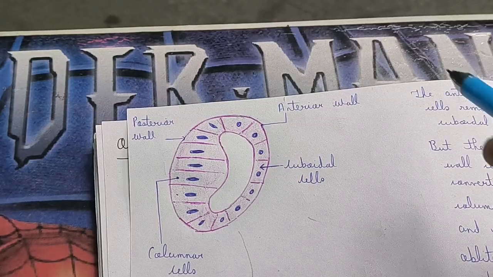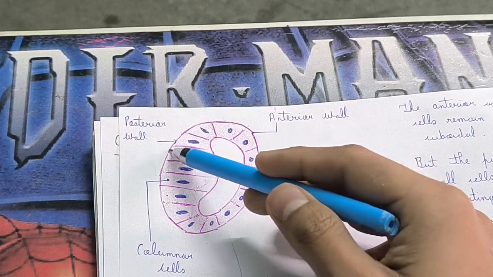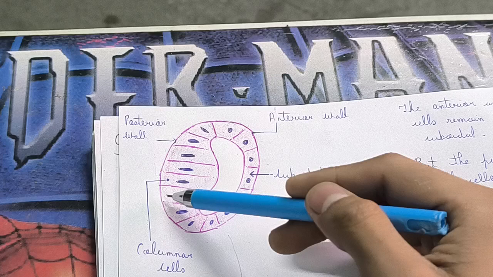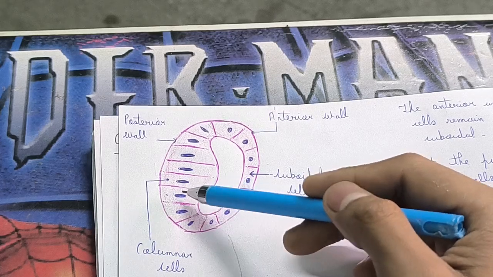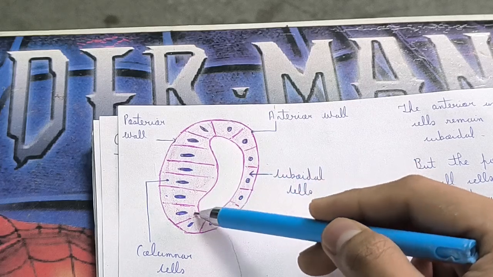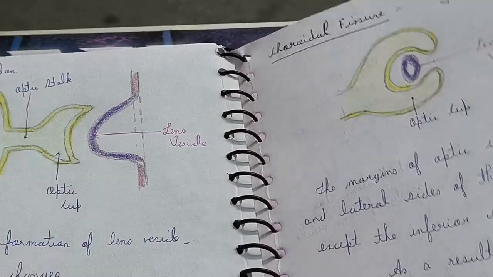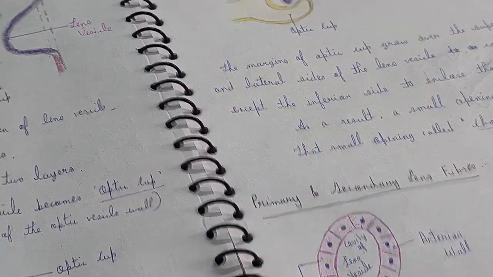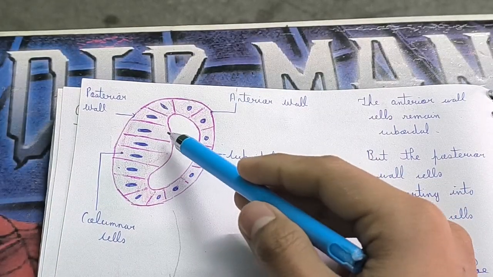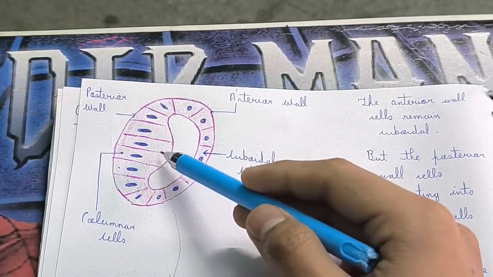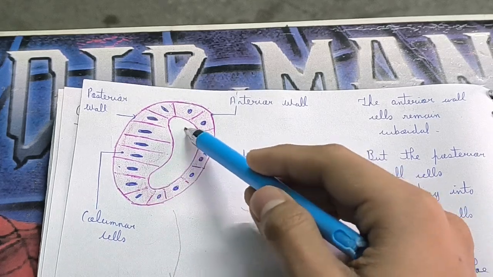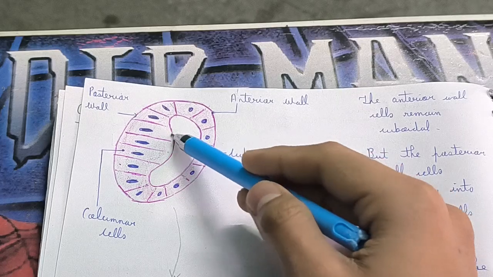But now you can see that this is the posterior wall. The cells of the posterior wall are converted from cuboidal to columnar. Also, initially the cavity of the lens vesicle was large, but slowly, due to the growth or elongation of these columnar cells, the cavity of the lens vesicle starts to get obliterated.